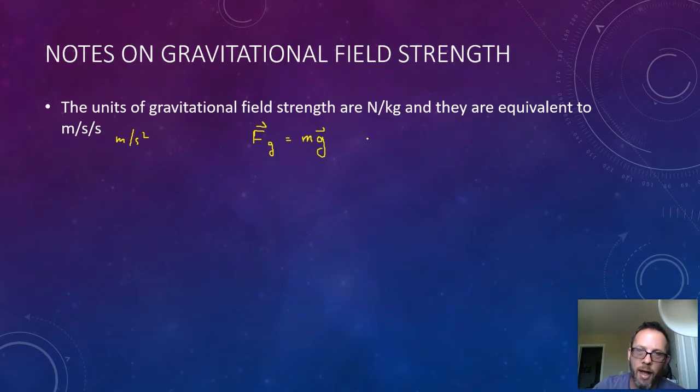And if you rearrange that, this gravitational field strength is equal to gravitational force divided by mass. And what we have seen is that equals G big M over r squared. So you can see this gravitational field strength, or acceleration due to gravity, is the gravitational force divided by the mass in the field. And so you get newtons per kilogram. And newtons per kilogram are equivalent to meters per second squared.